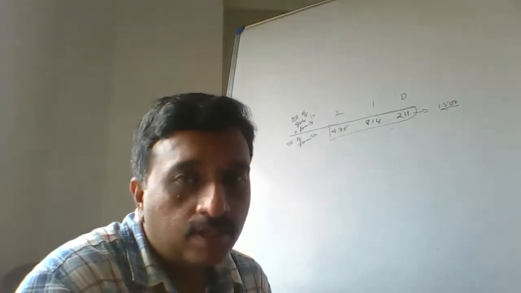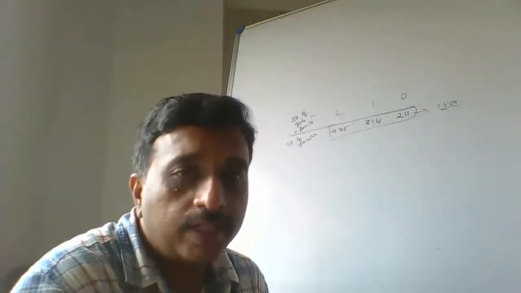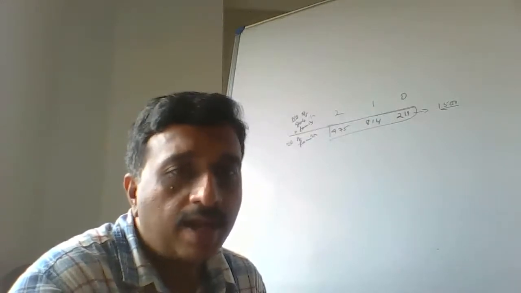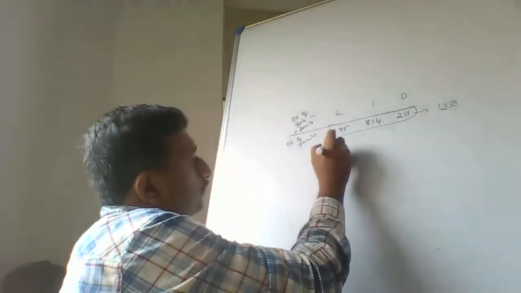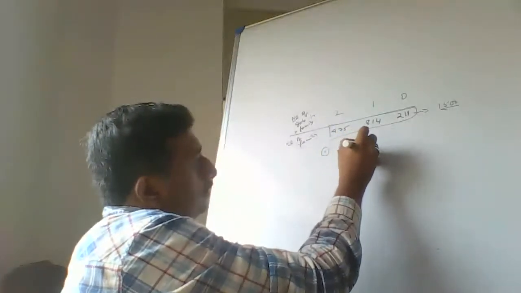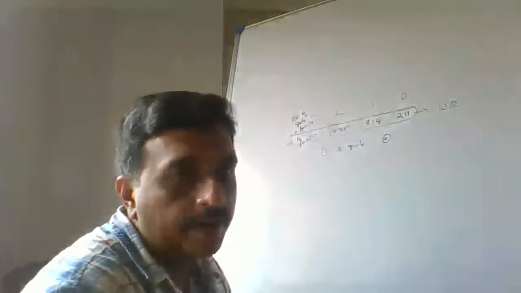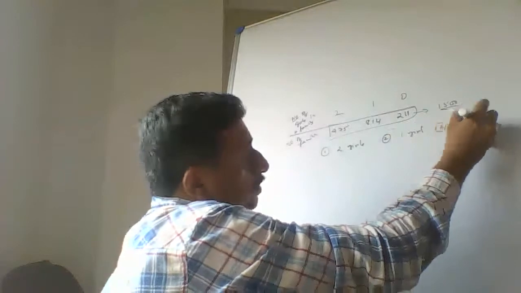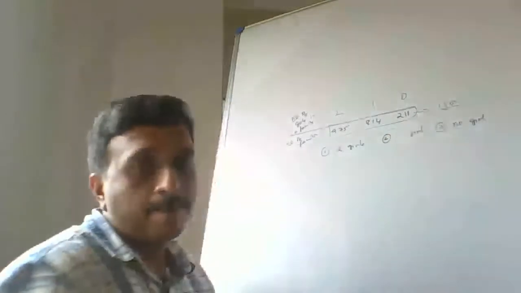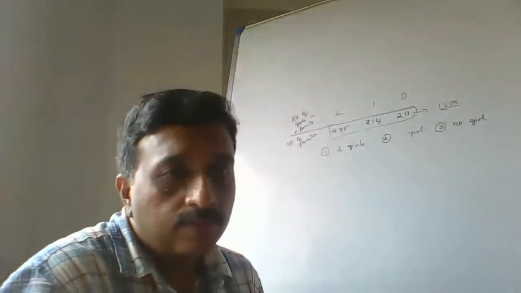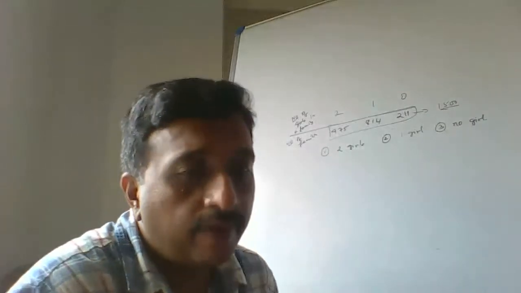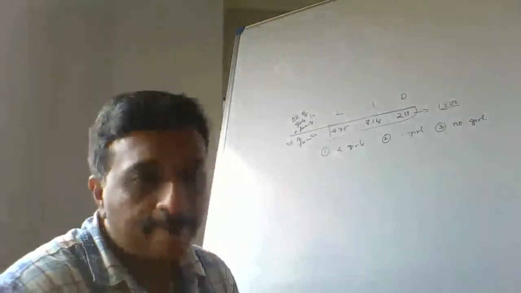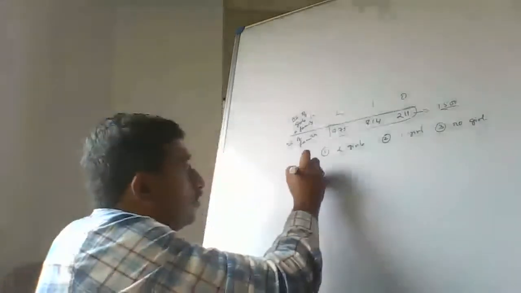Now let us compute the probability of a family chosen at random having two girls, one girl, and no girl. Also we have to check whether the sum of the probabilities is 1 or not. We'll see. First the solution for this.